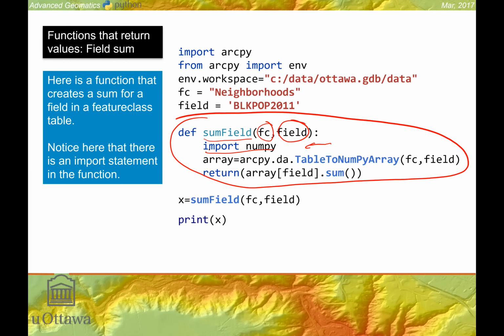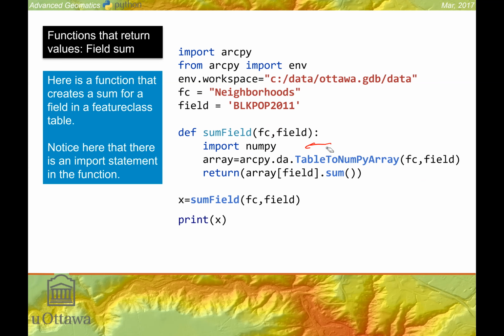I could take that out of the function and put it up here, but then the function is less usable, because wherever you bring that function you always have to remember to import NumPy so that the function will work. And you may not have NumPy imported in all of your scripts. So you can import right in a function any of the libraries that would be needed to run something.